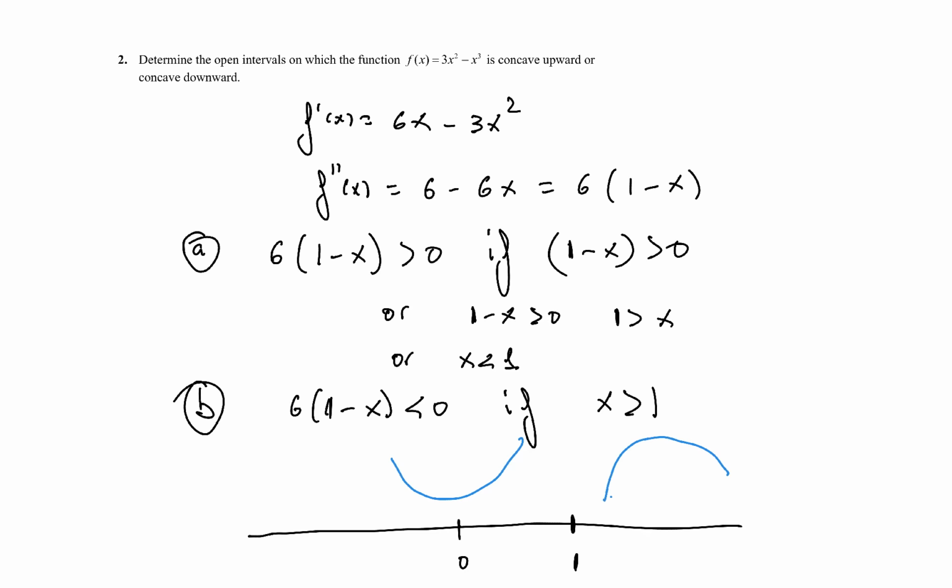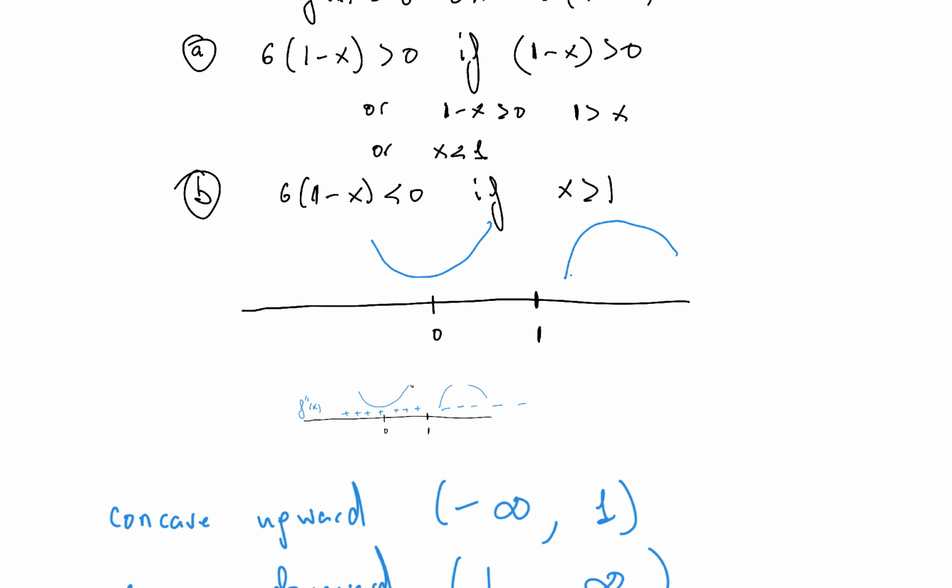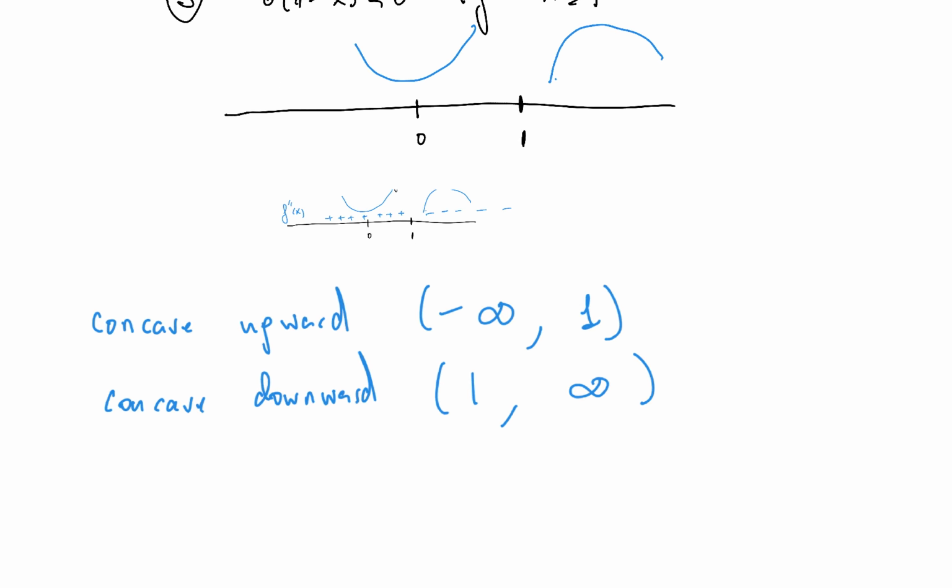So in summary, for the interval minus infinity comma 1, the curve is concave upward. And for the interval 1 comma infinity, it is concave downward. And when x is equal to 1, what happens? F double prime of x is 0. F double prime of 1 is 0 when x equals 1.